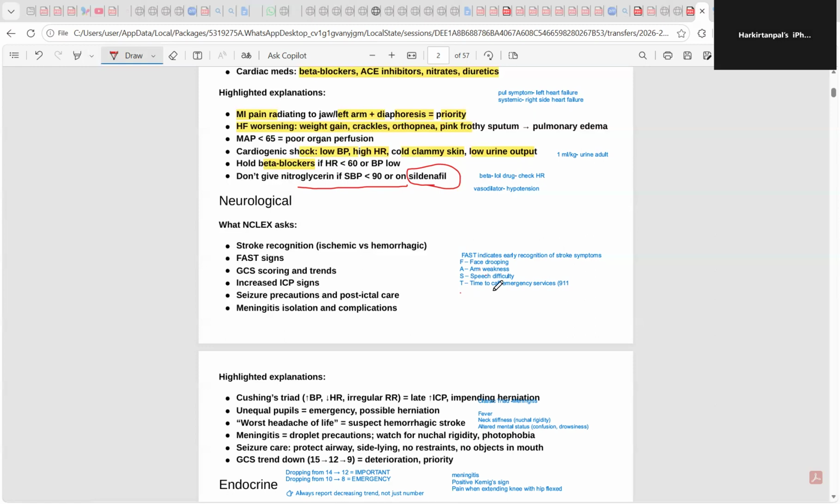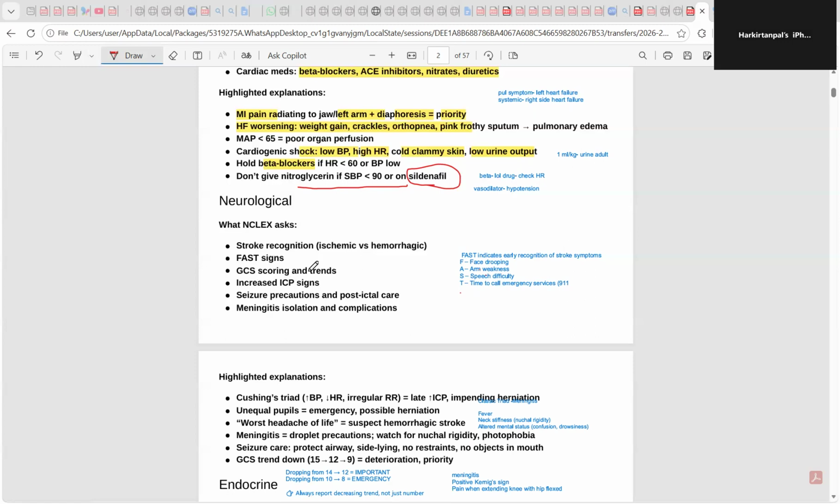Sometimes the unconsciousness is related to hypoglycemia, so the client needs management for hypoglycemia, not for the stroke. We can use FAST: F means facial drooping, A means arm weakness, S means difficulty speaking, T means time to call the emergency number, 911.